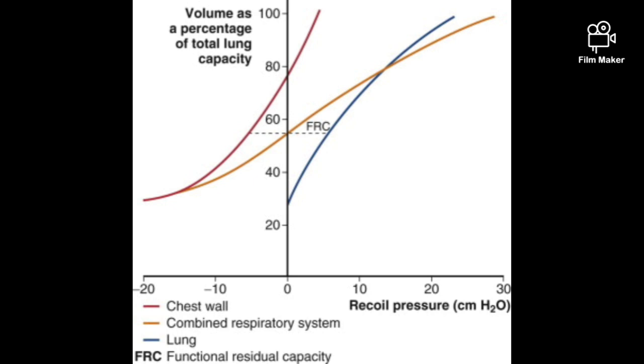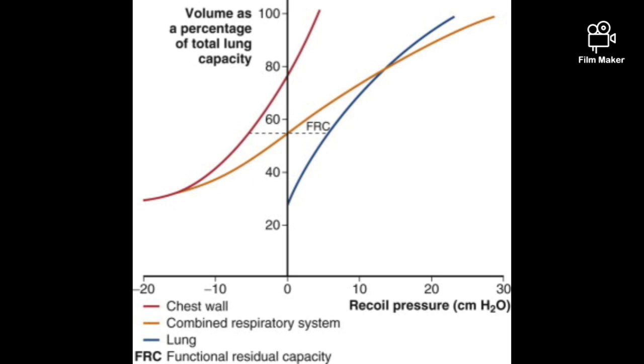So, the compliance is high, and if we look at the compliance of our lungs, even here there is a slightly flat graph. So, for a small change in the pressure, there is an increase in the volume, but this volume change is reduced as the pressure increases because of the elastic property of the lungs.